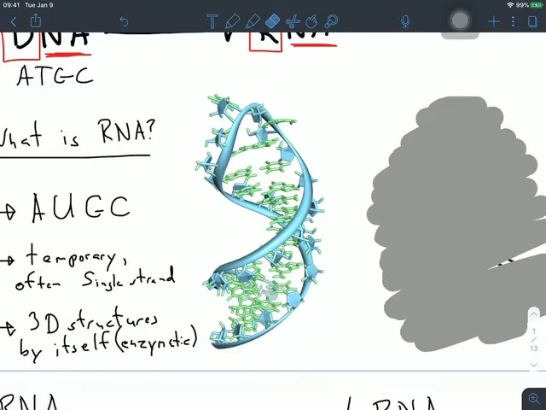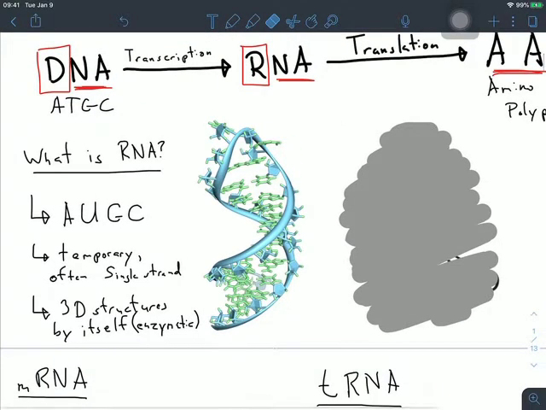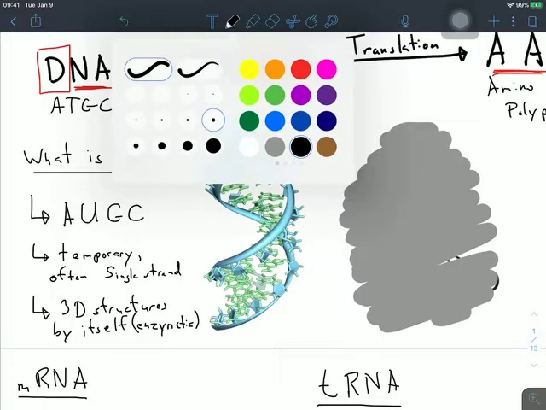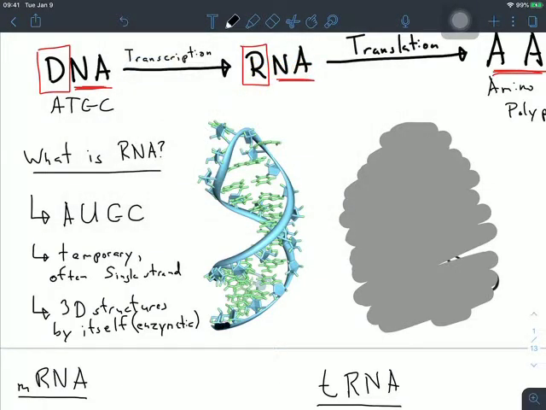For example, this is an RNA molecule that has formed a hairpin loop on itself. So we'll follow the RNA backbone here. I'll grab a little thicker marker here. You see that it starts here, up, over, around, like a roller coaster, to form a hairpin loop on itself. DNA does not do this.